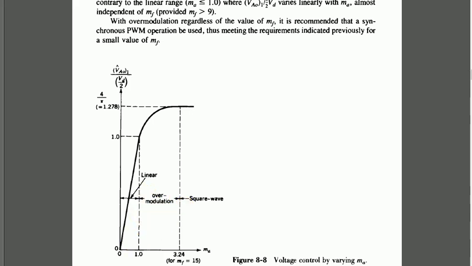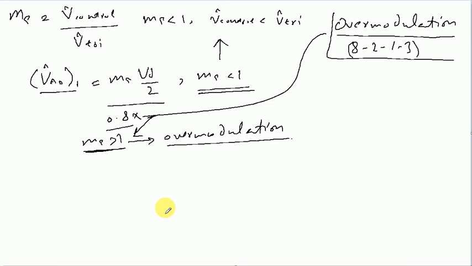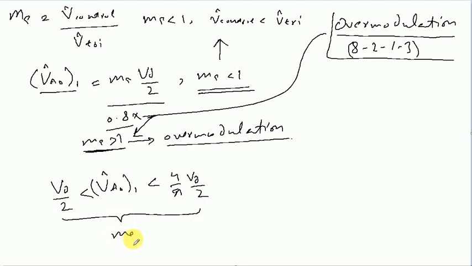Well, for the rest of the values, we will have this relationship, which is the fundamental frequency component of the output voltage. This relationship is valid in the range where the amplitude modulation ratio is greater than 1.